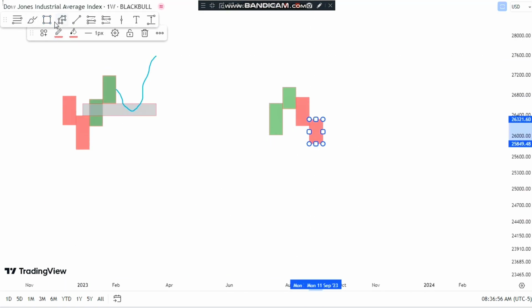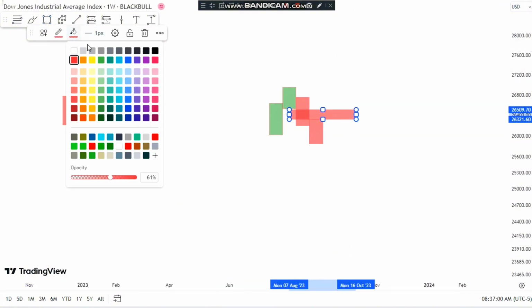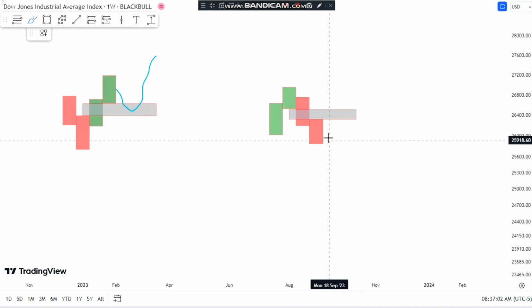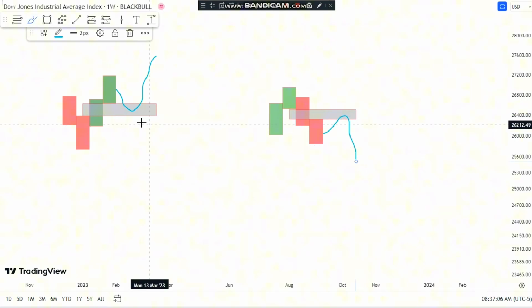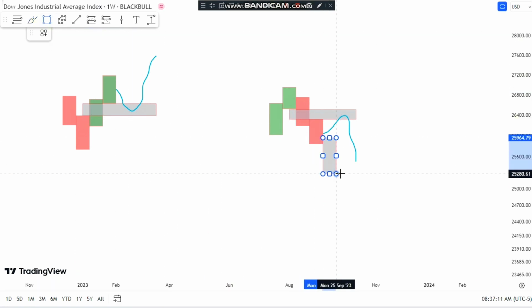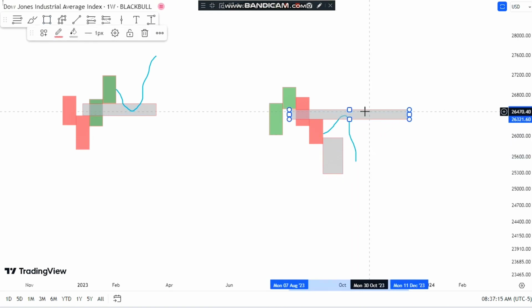Now this fair value gap, this will be bearish, and what will happen is that the price will retest this area and then it will go down. Okay, now one thing is that if the price keeps going down like this and it doesn't retest this fair value gap, it will get retested sooner or later.